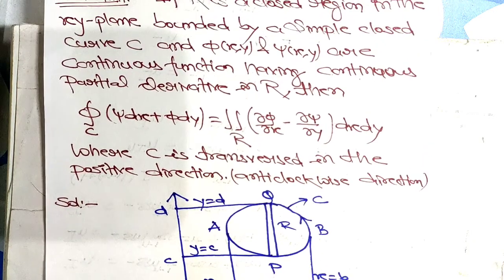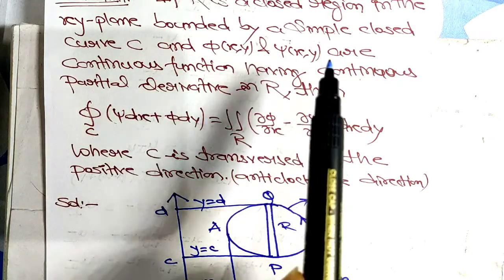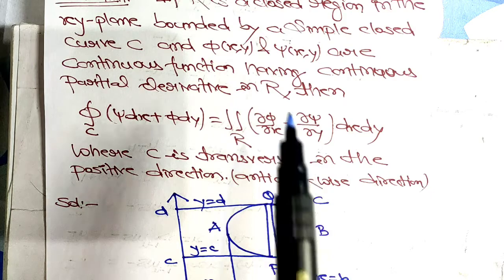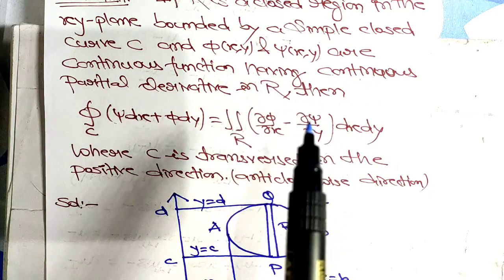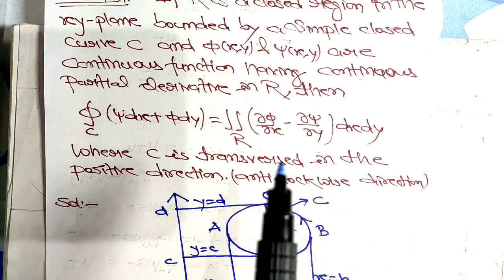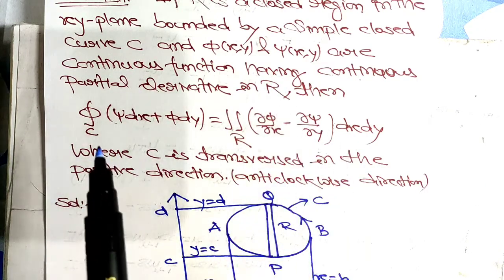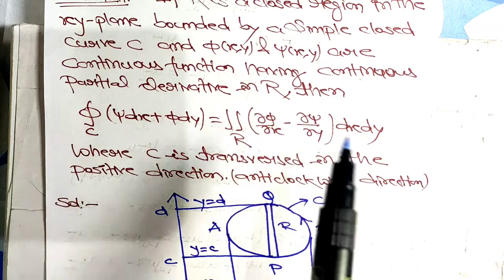Now in this closed region, phi(x,y) and psi(x,y) are continuous functions, inside or on the points of the circumference of this closed curve, and their partial derivatives are also continuous in this region R. Then we have to prove that the line integral of this is equal to the surface integral of this.